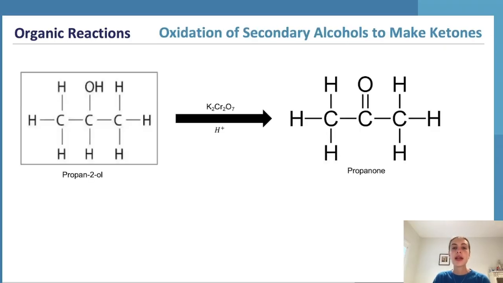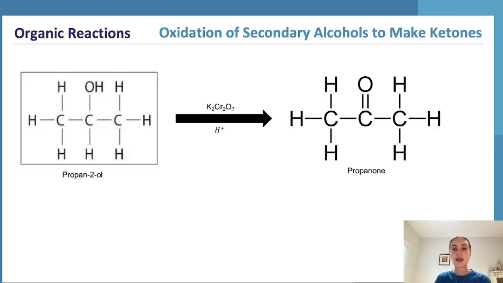Our next one is the oxidation of secondary alcohols to make ketones. If we look at this one here, we've got propan-2-ol, which is a secondary alcohol, and secondary alcohols can only undergo a one-step oxidation process. We have the exact same reaction conditions, acidified dichromate ions, however this will form a ketone, propanone in this case.